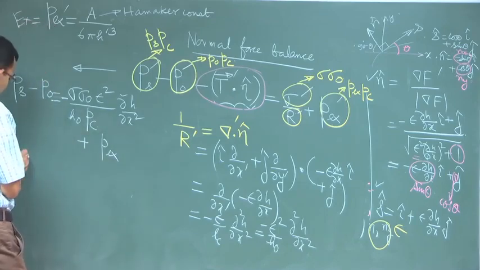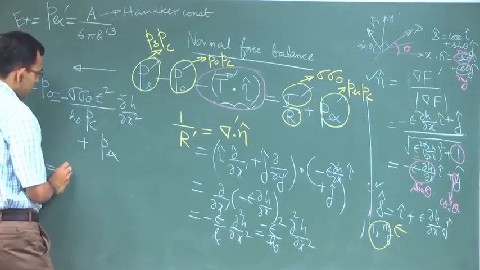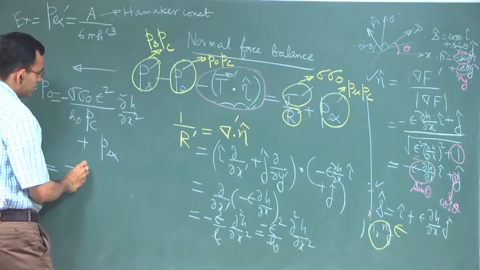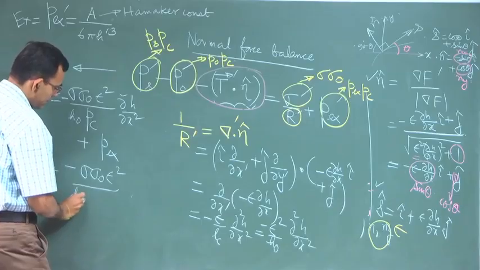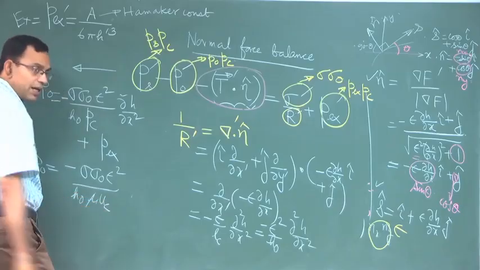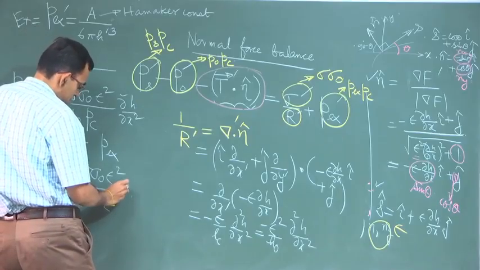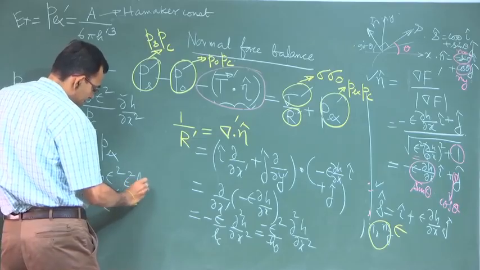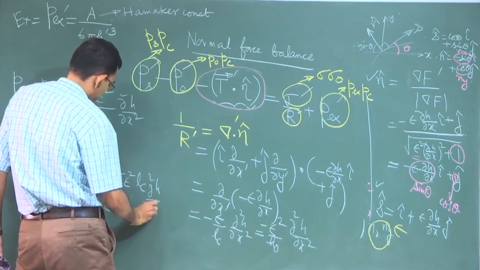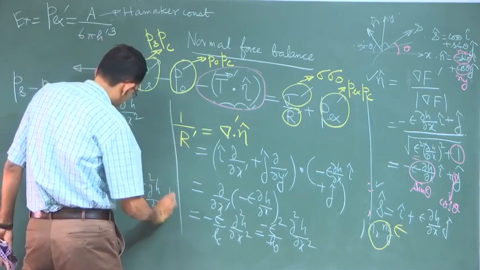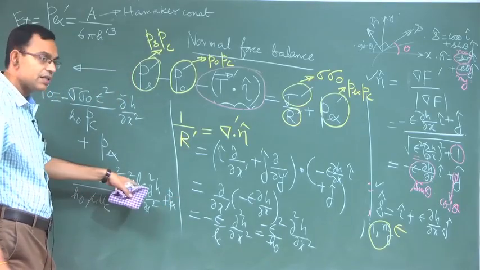So, you can write Ps minus P0 is equal to minus sigma 0 epsilon square H naught, where Pc is mu Uc by epsilon square Lc, right. Now, H naught by Lc is epsilon.